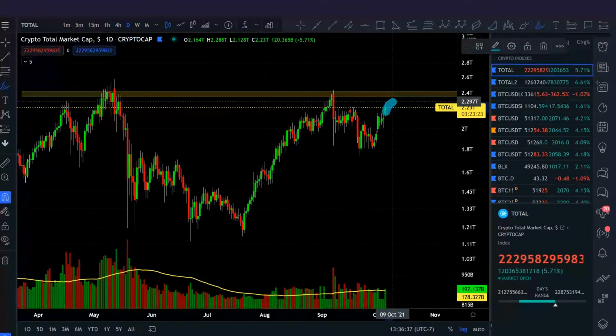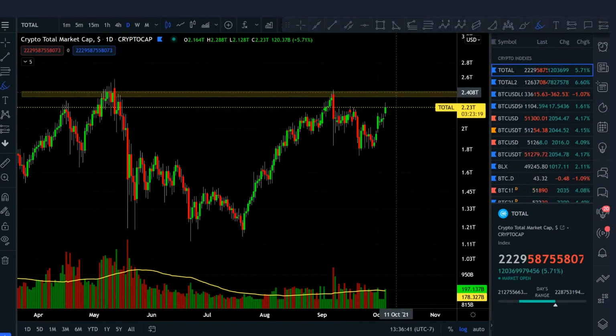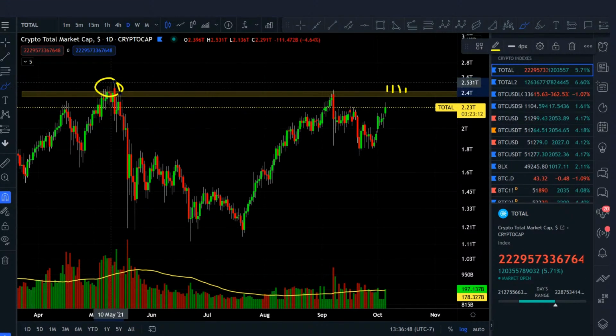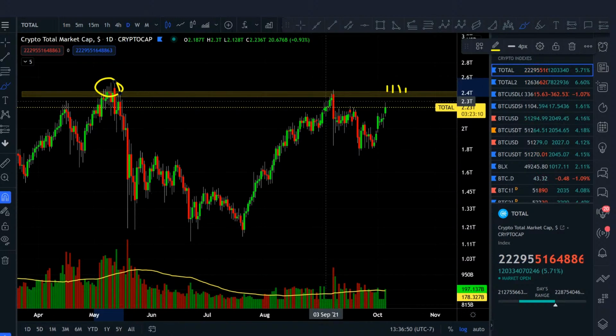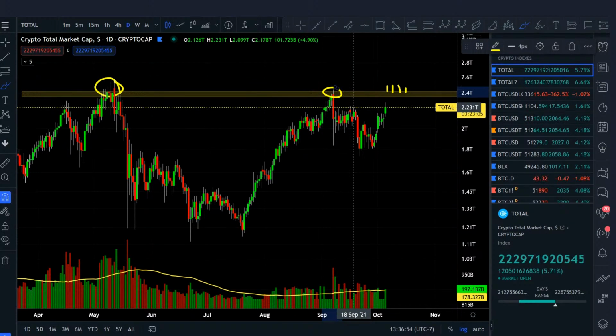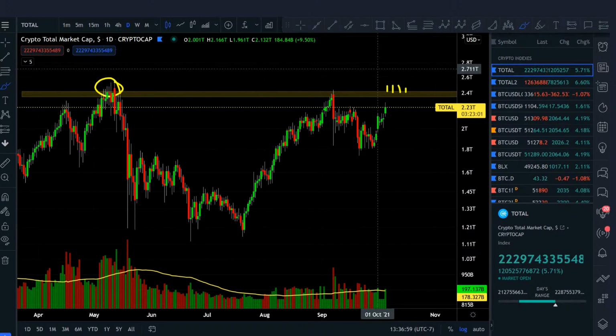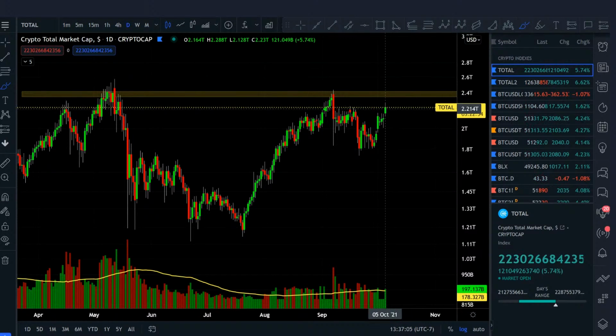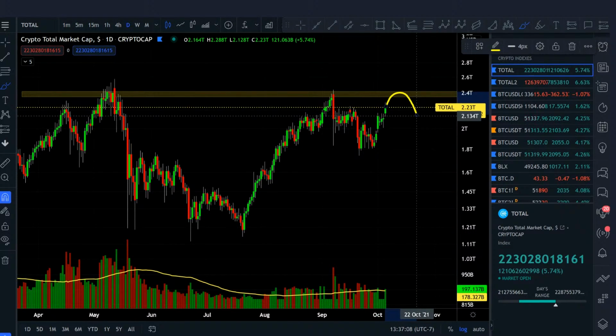If we rally up into the resistance zone and start making wicks on candles for a few days, just like here, that'll be problematic. That was a news catalyst, sell the news event, the El Salvador news sell-off event. If we start getting candle wicks, weakness, resistance, resistance, resistance, maybe 3, 4, 5, 6 times in a row, then we could see a rejection down from that. That's one scenario.